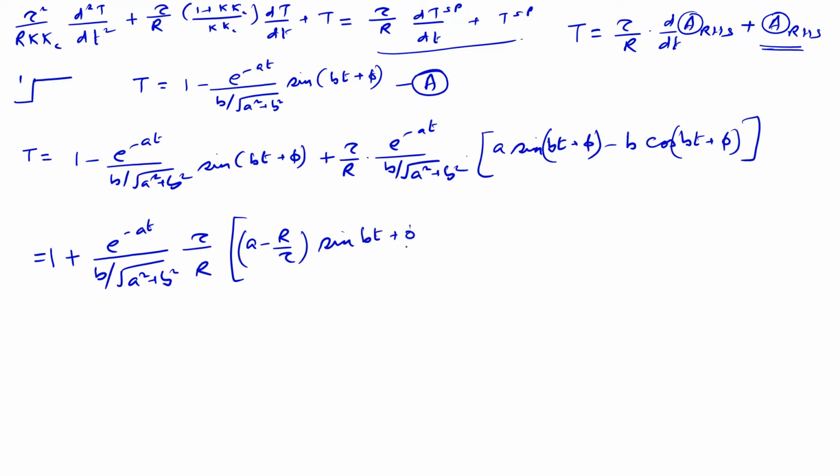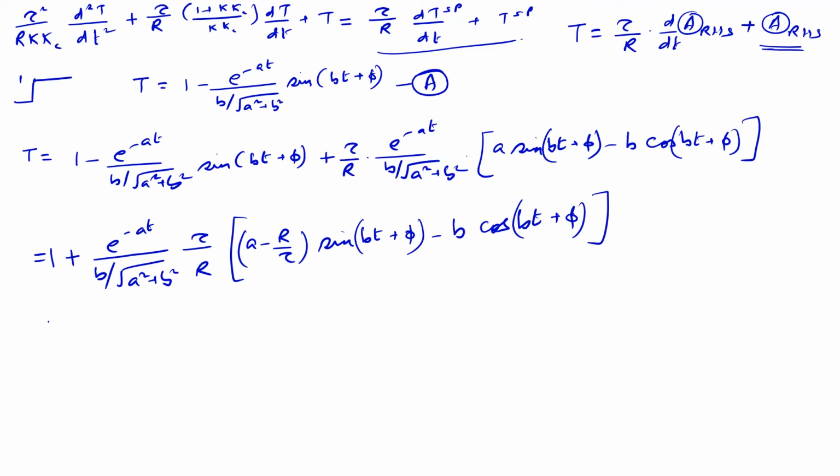So that's the term accounted for. Everything else has been taken as common, and it will be minus b cos bt plus phi.